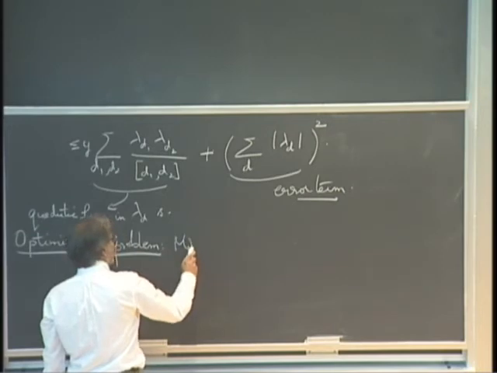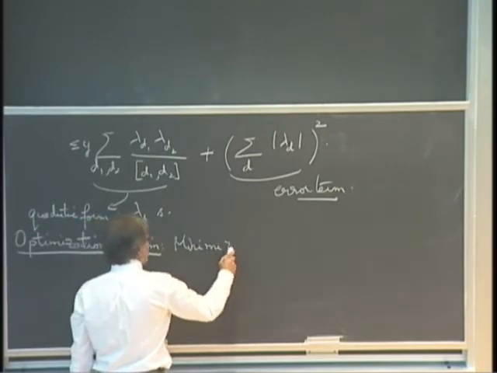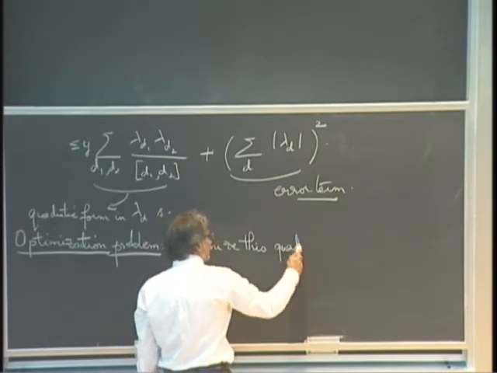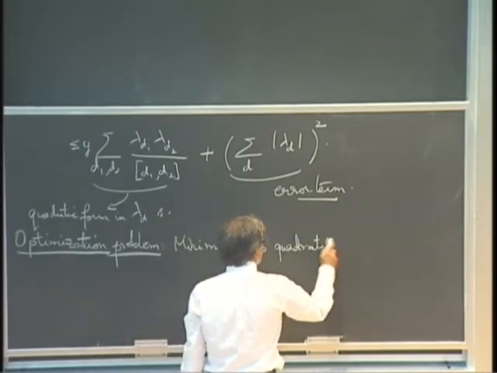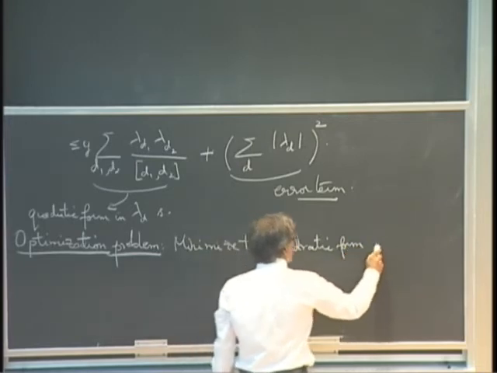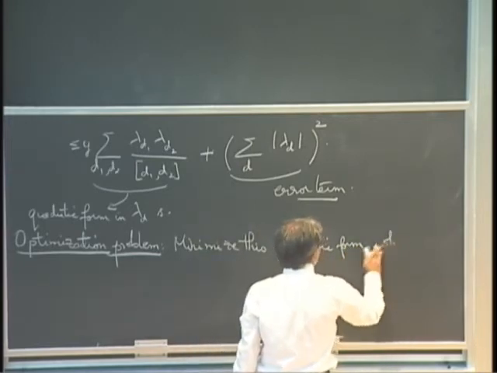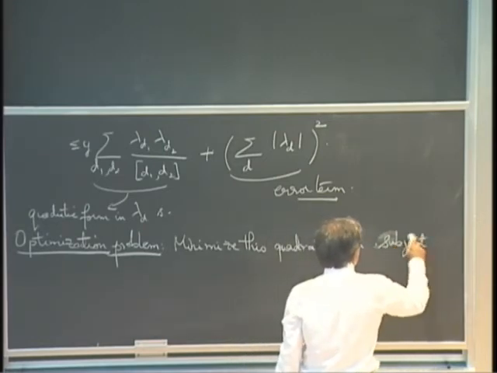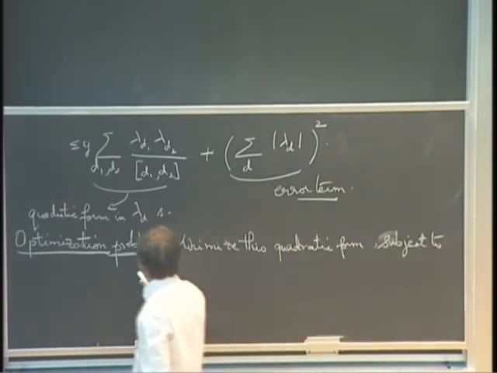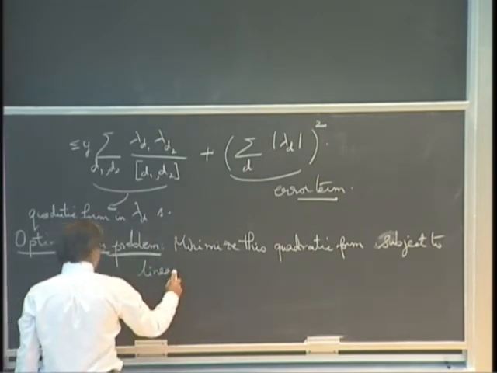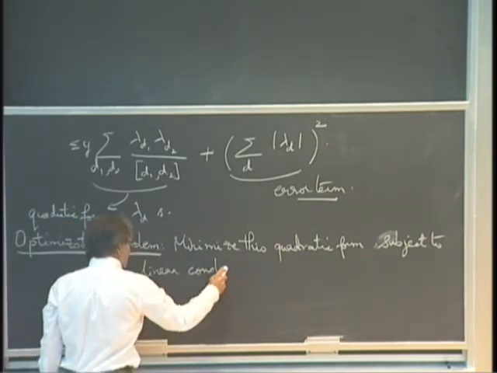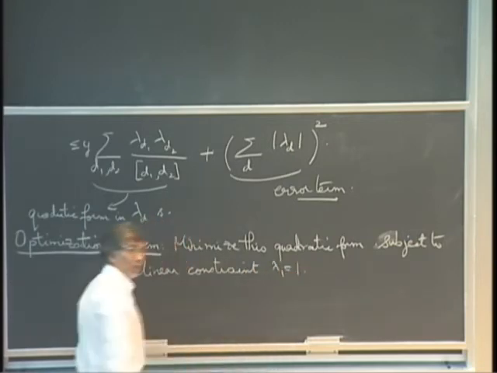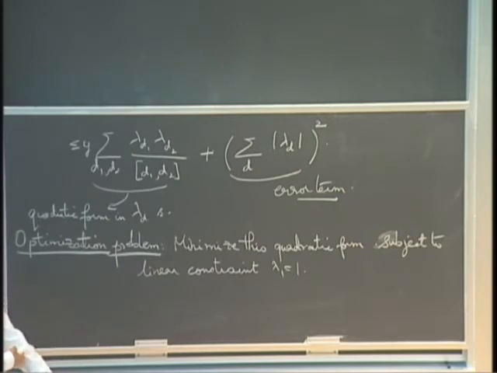Minimize this quadratic form, subject to the linear constraint, lambda 1 is 1.